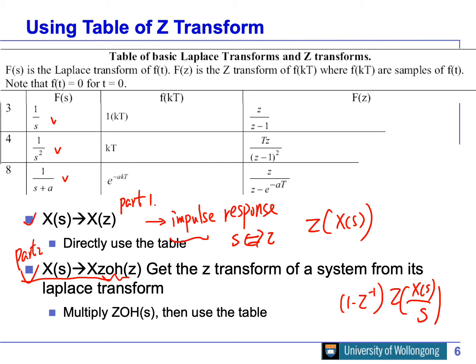However, the second method is for when you physically have a zero order hold. You have an impulse signal output like that, and you want to convert that into something like that. So from that to that, you physically have a zero order hold in your system, and this additional stuff is trying to model that zero order hold.